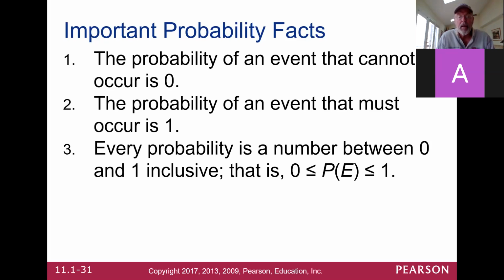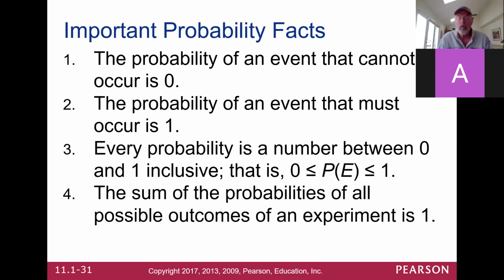We can include 0 and we can include 1. And if we had a sum of different probabilities in an experiment, that sum of probabilities should add up to 1.